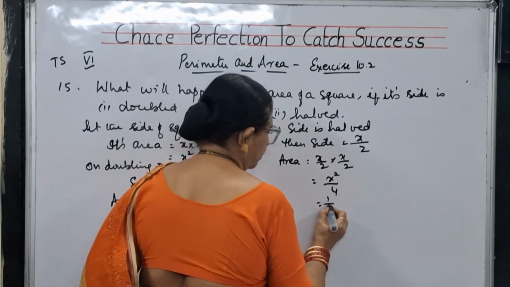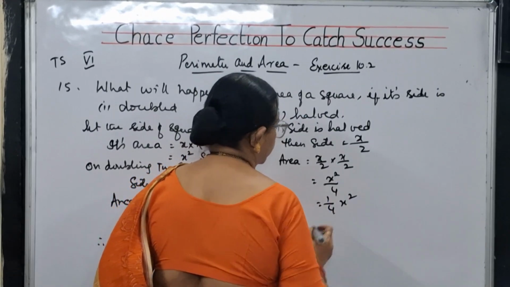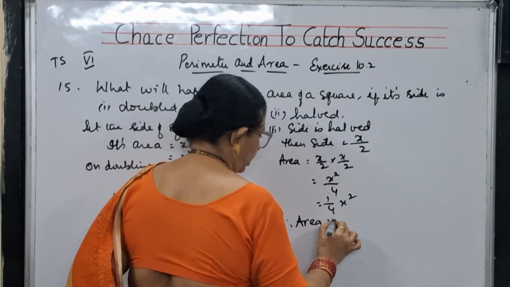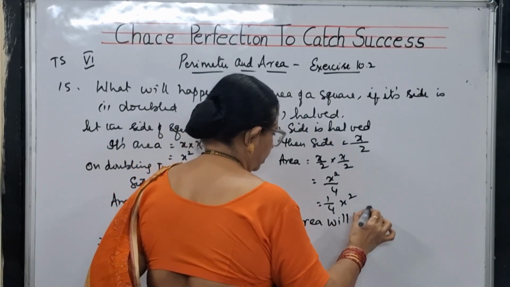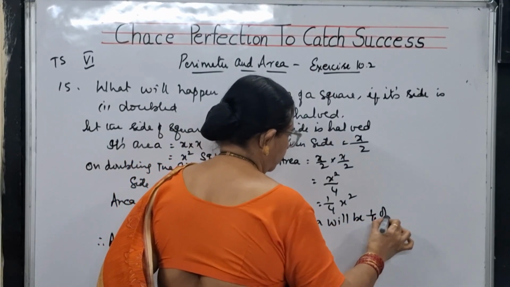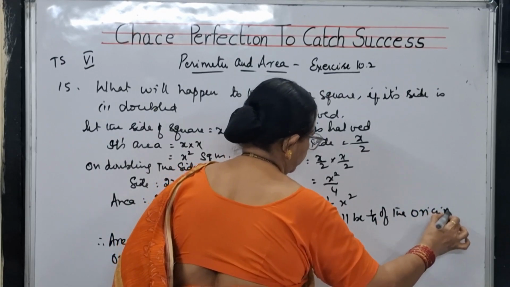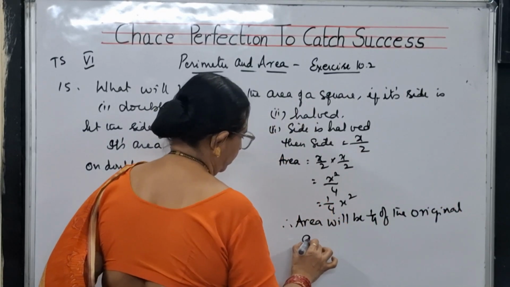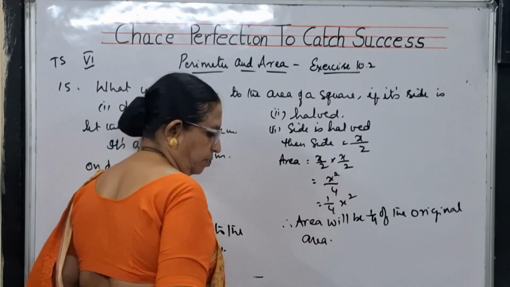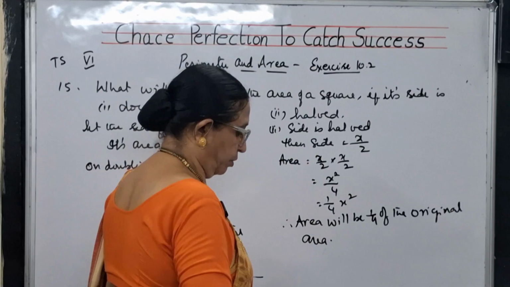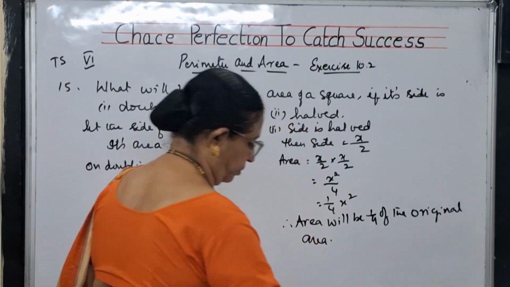This can be written as 1 by 4 x square. Therefore, the area will be 1 by 4 of the original area. So this is the answer for the second bit of the 15th problem, children. Please note it down.